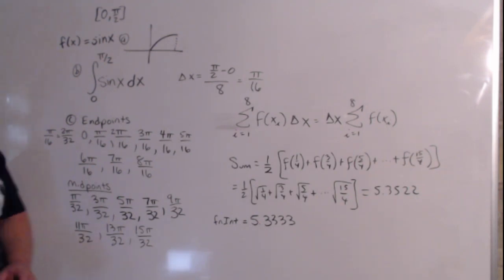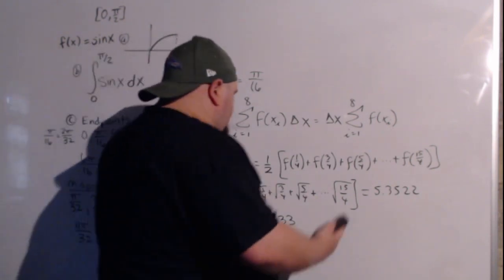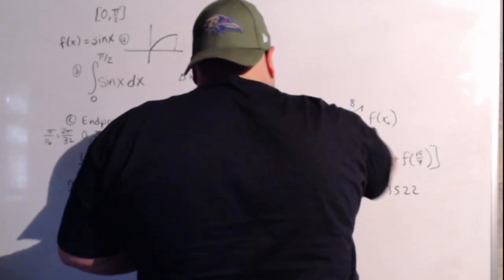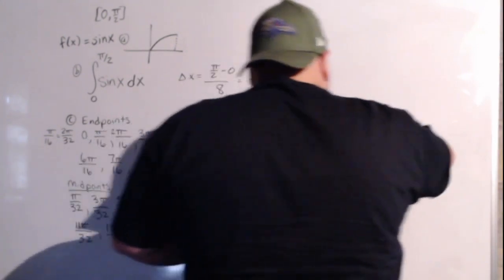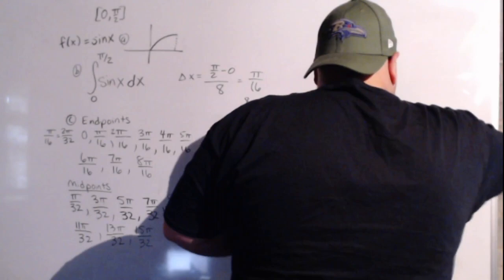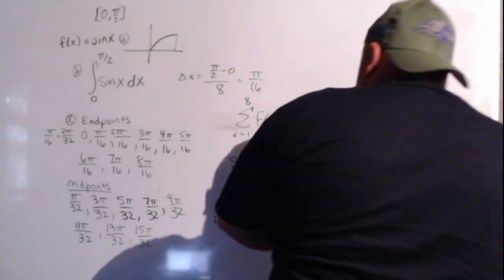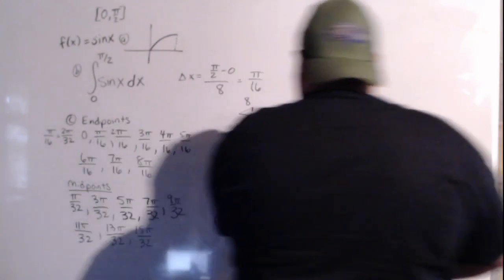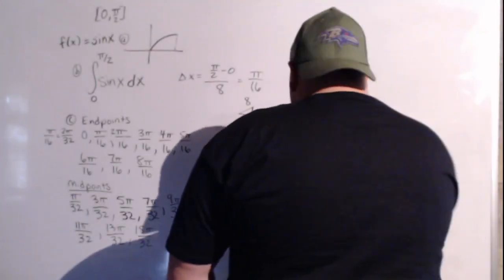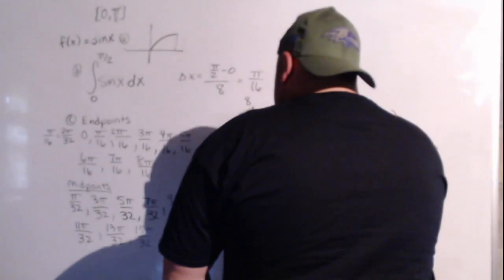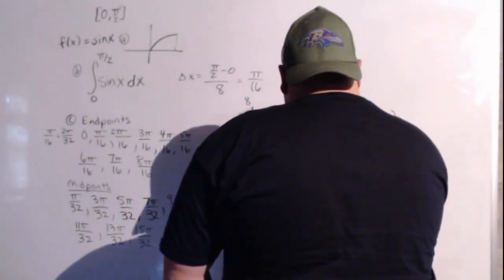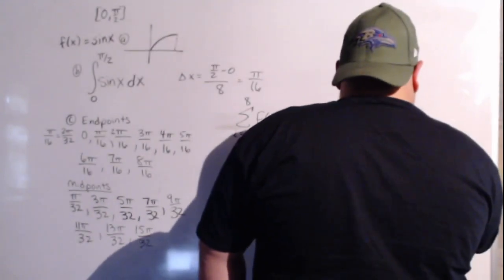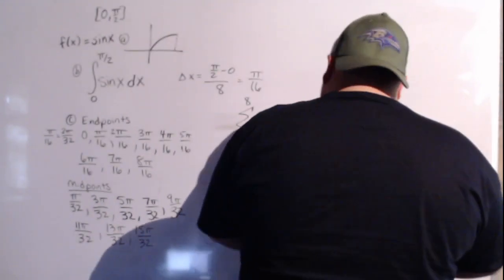So then if I want to do my sum, again, same thing, but now my delta x is different and my values that I plug in are a little different. Delta x is pi over 16, and the values I plug into my function are pi over 32, 3 pi over 32, all the way up to 15 pi over 32.